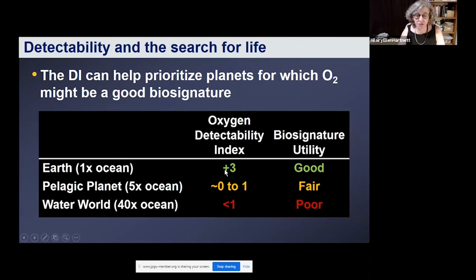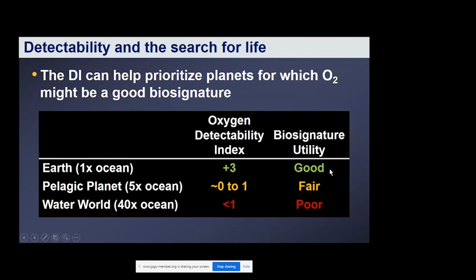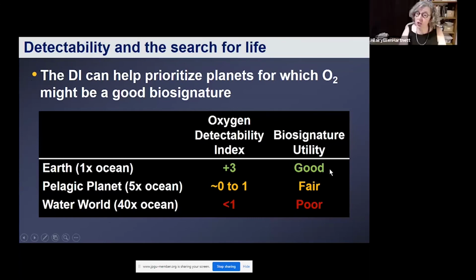We calculate it based on modern Earth to be 3, and a big positive number is a good biosignature, so there's pretty high utility. On our pelagic planet, our 5 oceans of water planet, the detectability index was lower because oxygen production was lower. Remember, that planet doesn't have as much phosphorus supply, and so it can't do photosynthesis at the same rate.